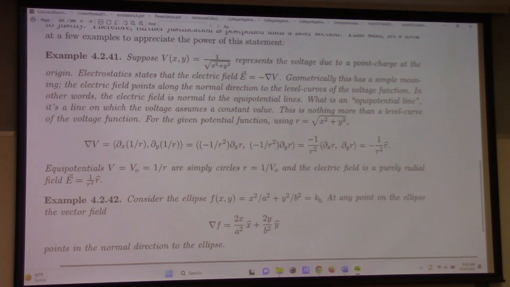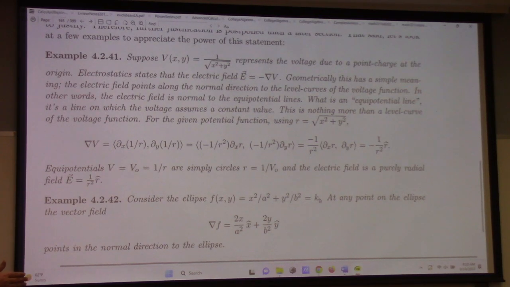So let me finish my pictures. Here's an application. If v is the voltage function, then the way voltage works, and it's related to the electric field, is that the electric field is equal to minus the gradient of the voltage. So the electric field actually points in the direction in which the voltage is decreasing.